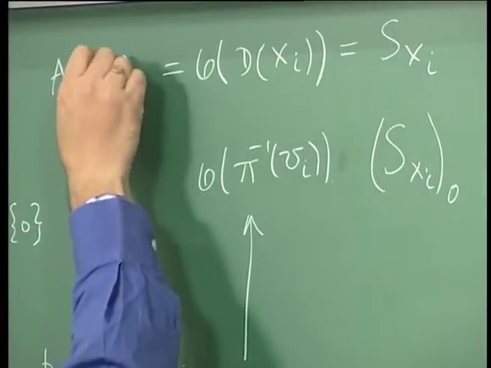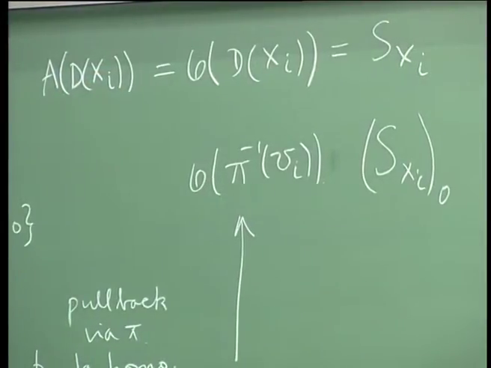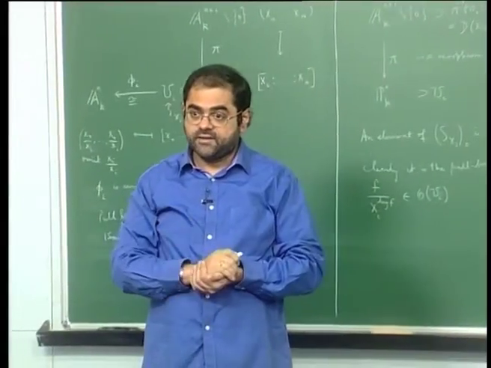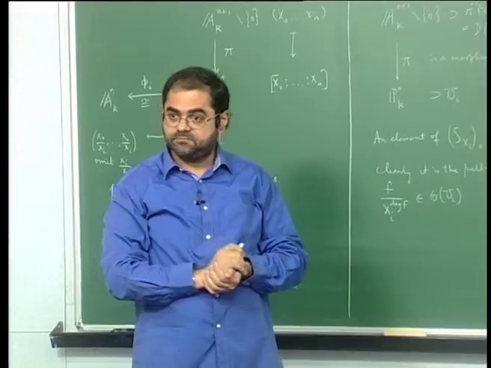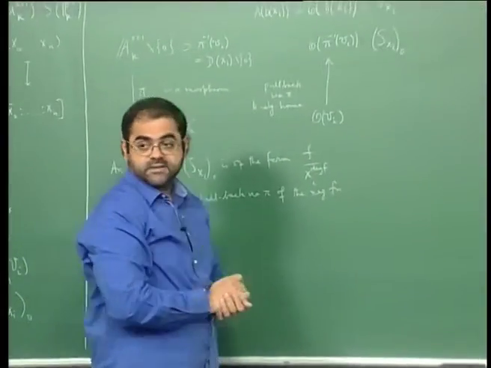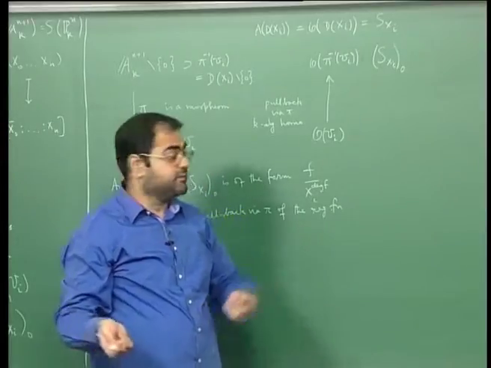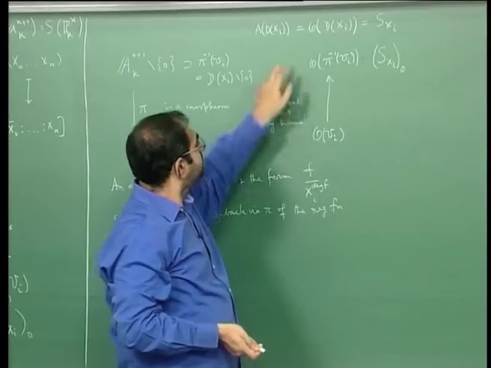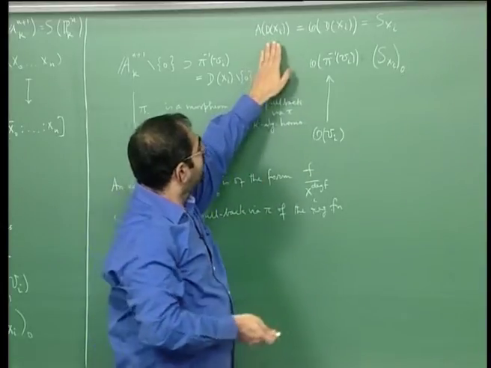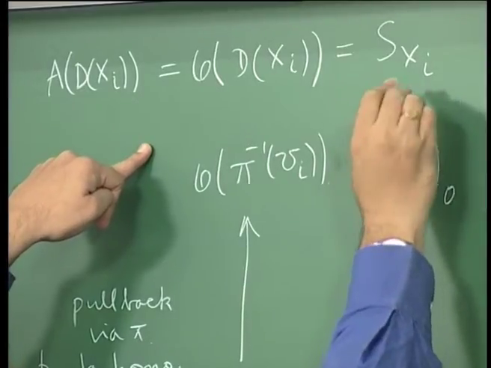The reason is because d of xi, the basic open set defined by xi, is of the form d of f, and every element of the form d of f is an affine variety, right, and its coordinate ring is just given by localization at f. So in this case, instead of f I have got xi. Do not confuse it with the f here. And you can see that certainly this is a subset of this.